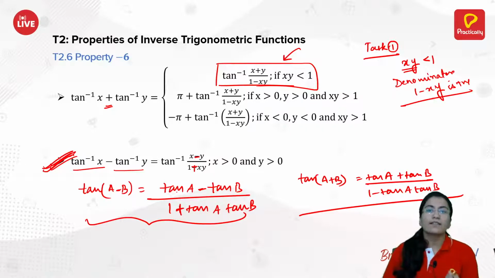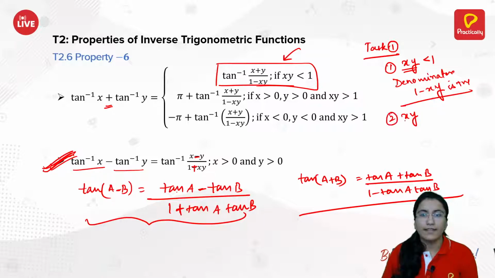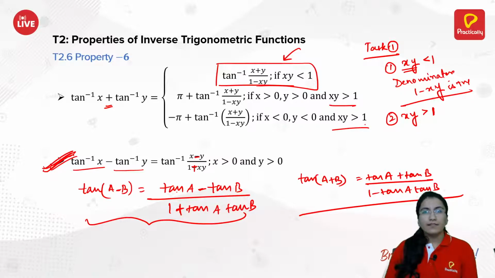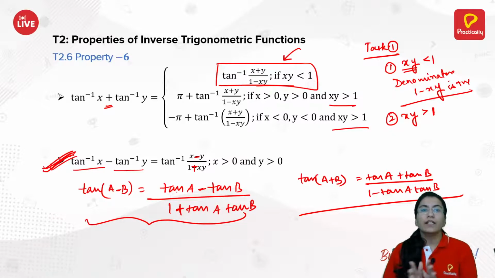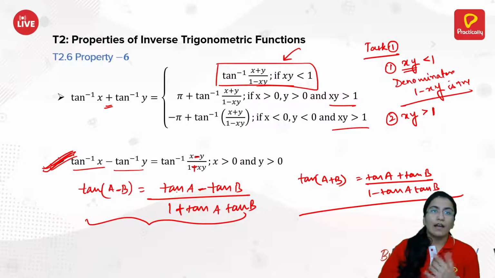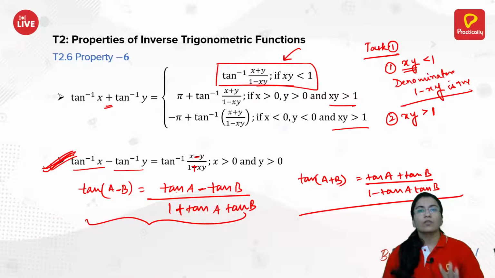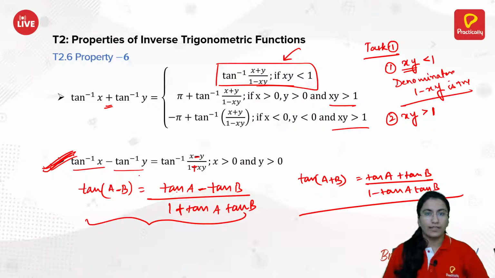And if x into y, this is the first case and this is the second case, if x into y is greater than 1, then you need to check the sign individually, sign for x and sign for y. If they have the same sign, only then you can find the value further using these formulas.